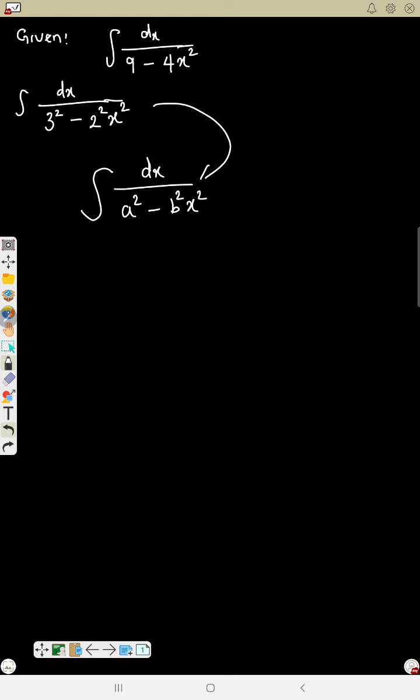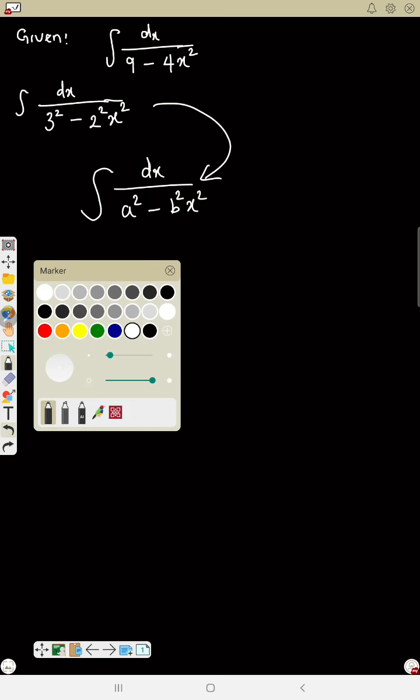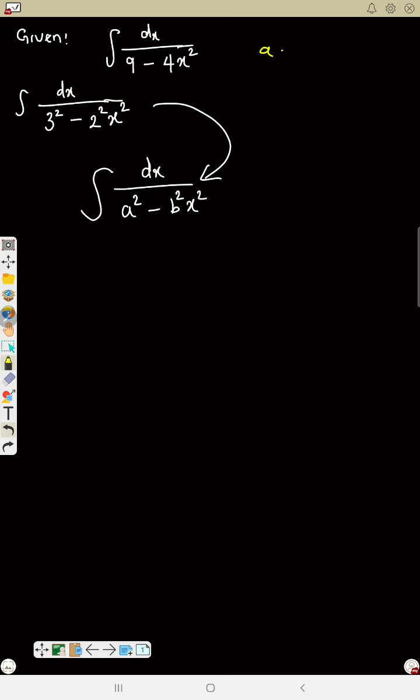Now if you compare these two, you will see that a equals 3, because 3 squared is a squared, so a is 3, then 2 squared is b squared, so b is 2. So that means a is 3, b is 2. Take note.